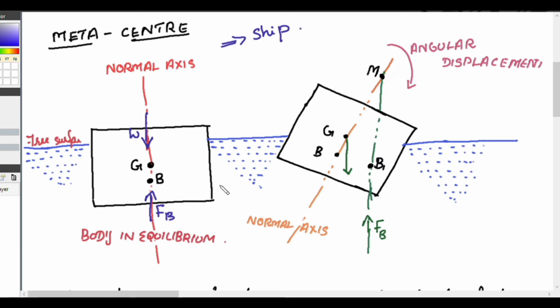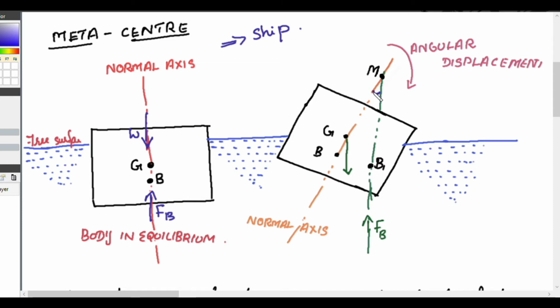The ship moves in water, and when you need to tilt or move the ship, you need to give some angular displacement. Only then does the ship move forwards. That is the reason you study metacenter, metacentric height and related concepts in fluid mechanics.